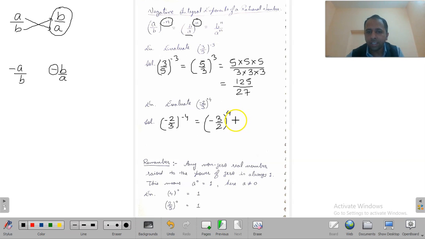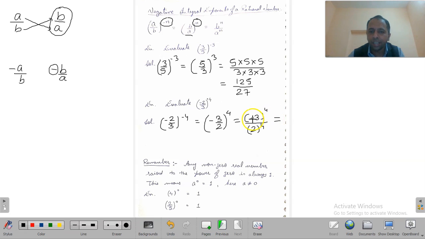Now this can be written as, and it is very important now, minus 3 to the power 4 upon 2 to the power 4. Now you can see that in the numerator we have a negative base value. We have just understood how to calculate this value.